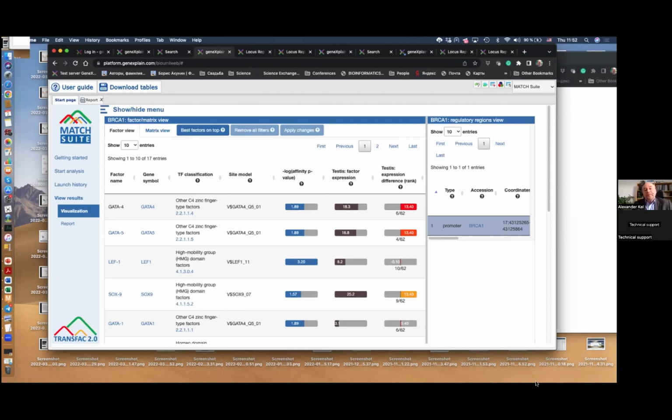Generally, we have another tool which is called Composite Module Analyst, which is a part of our genome enhancer tool.